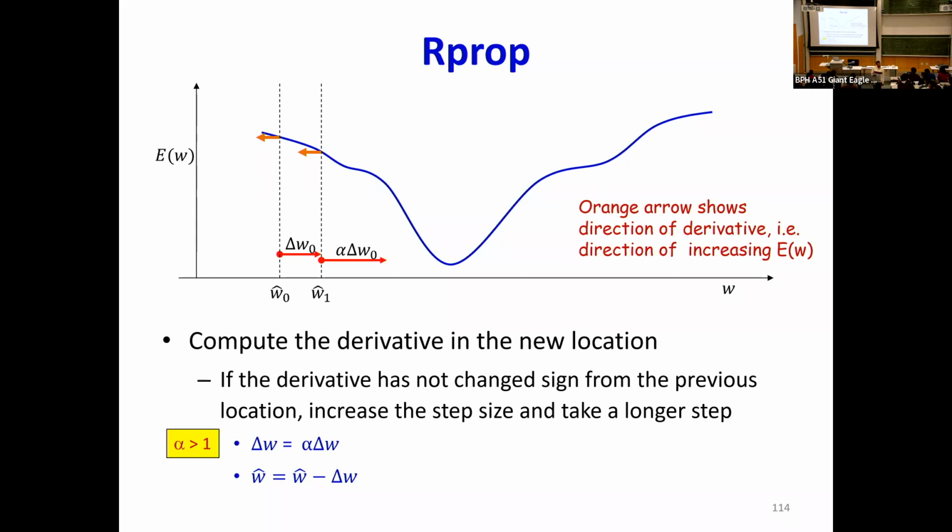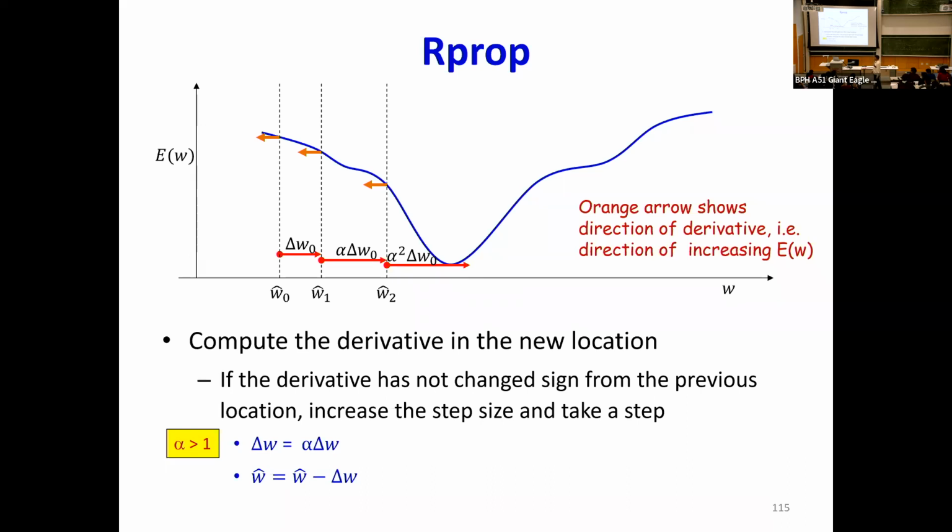You're going the right way. So you increase your step size by some factor alpha. Then you check the derivative again, and if the sign has still not changed, you're still going the right way, and you increase your step size further by multiplying the previous step size with alpha. So alpha is a factor that's greater than 1.